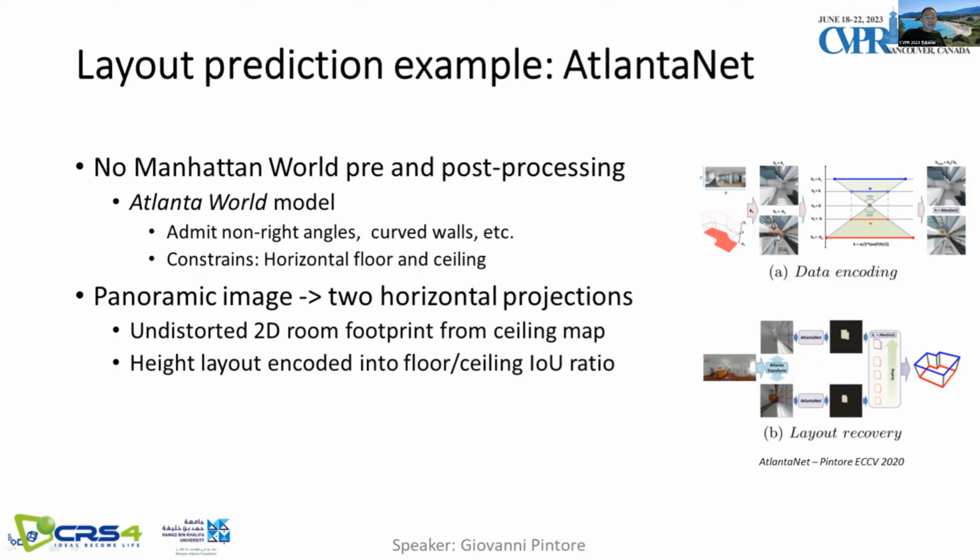In this approach, the equirectangular image is encoded as a true horizontal projection, so encoding the room layout as an undistorted 2D footprint.